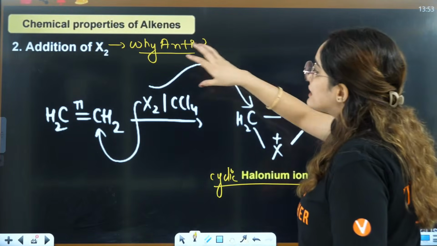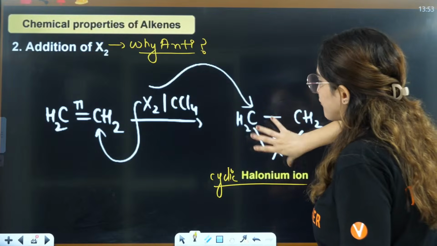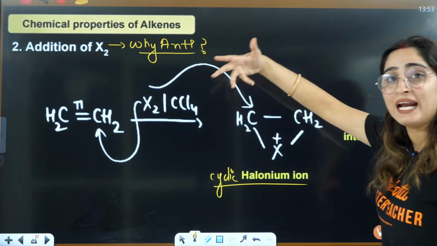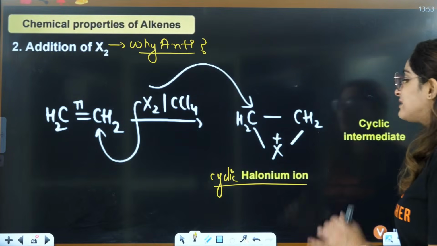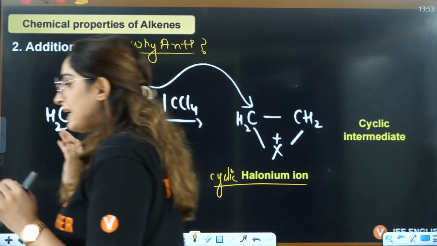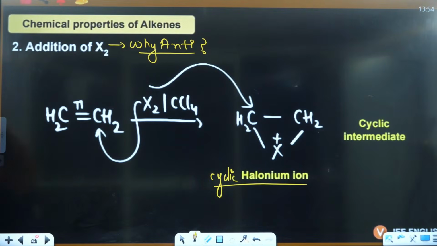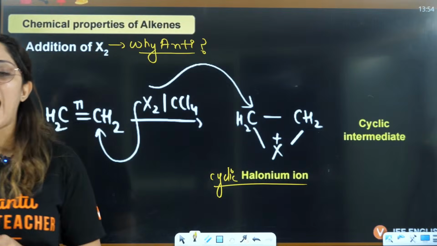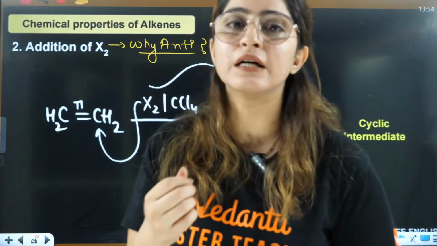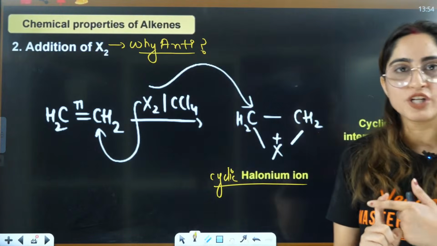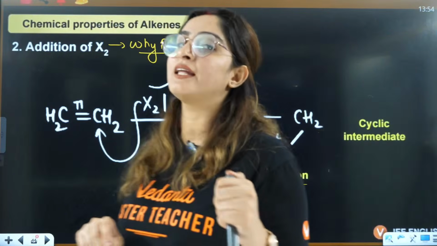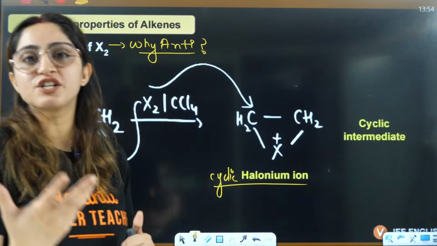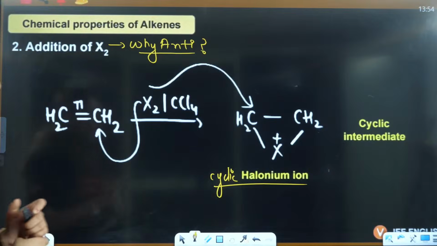That is why the next halogen is going to have the opposite attack, the anti-attack, right? That is why we are saying anti-attack is happening here. In case of hydrogenation, syn attack. In case of halogenation, anti-attack is there, right?